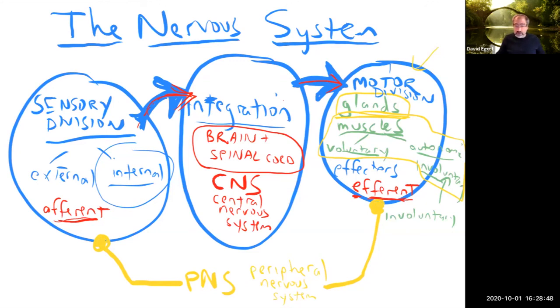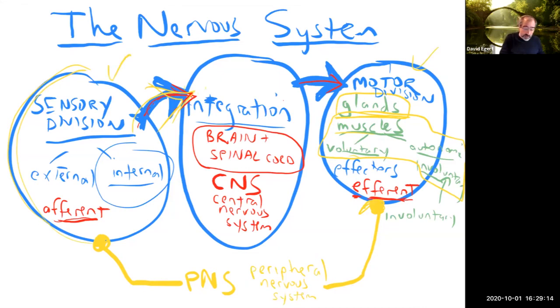We'll spend quite a bit of time in here as well, looking at the details of how you operate skeletal muscles versus autonomic. How do the sensory messages actually get converted from light to an electrical signal? To integrate sensory information, it has to be in the form of electrical signals.